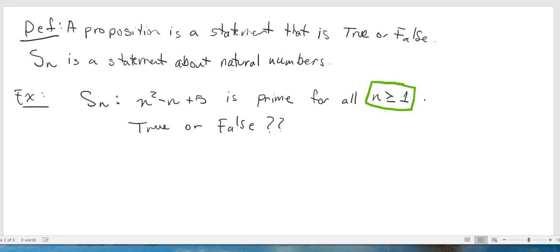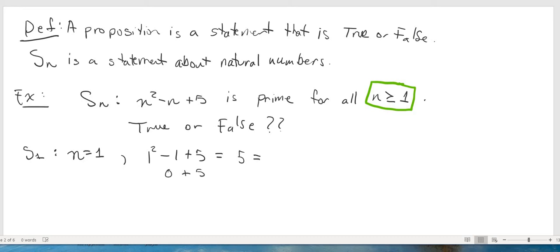Using this notation, if I write S1, that means you're going to test it when n equals 1. So you plug it in. What do we get? 1 squared minus 1 plus 5. 1 minus 1 cancels out, plus 5, so 0 plus 5, right? So this is 5. Is that a prime number?